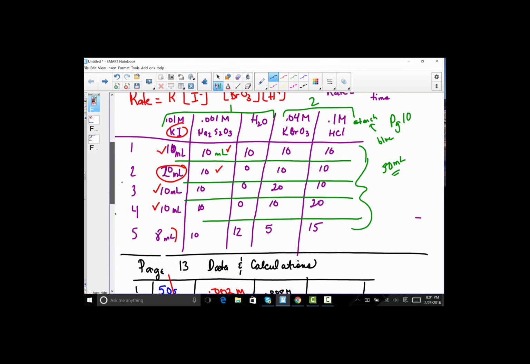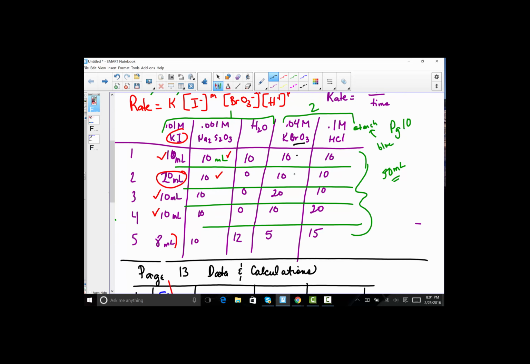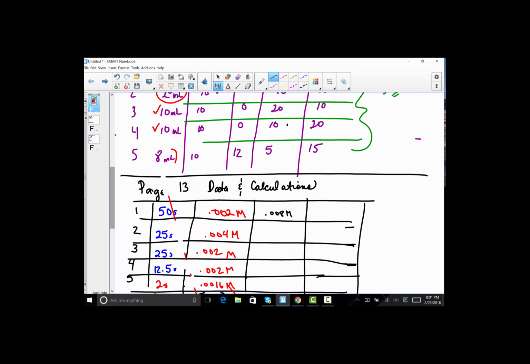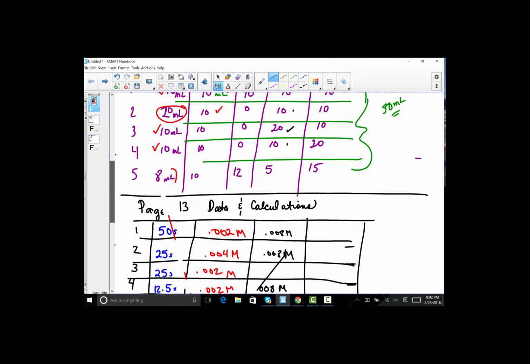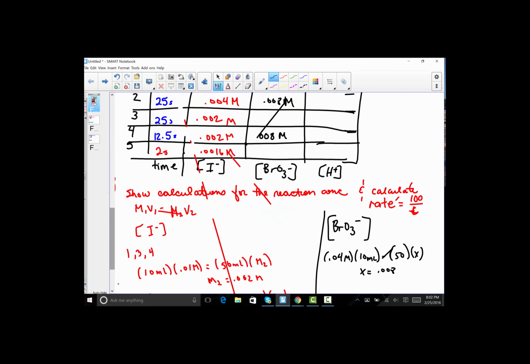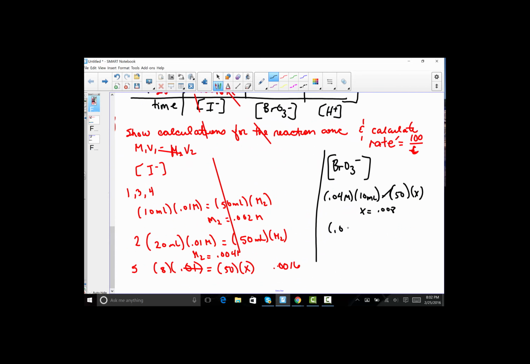Also, for the bromate, trial 1, 2, and 4 will be the same. What about trial 3? Well, trial 3 looked like we doubled the amount. So if we doubled that concentration, we can show that by saying 0.04 times 20 set equal to 50 times x.